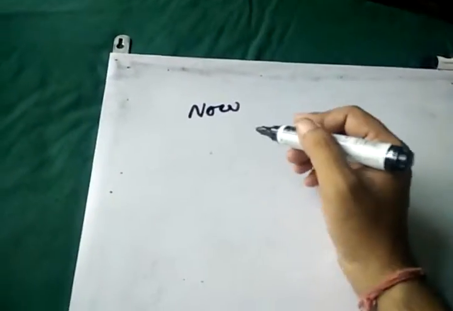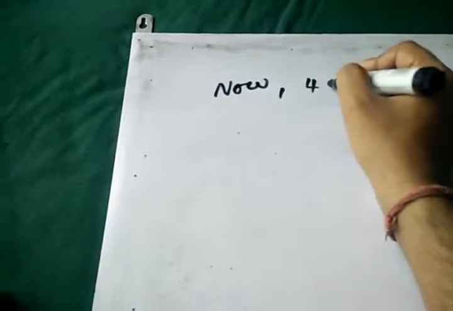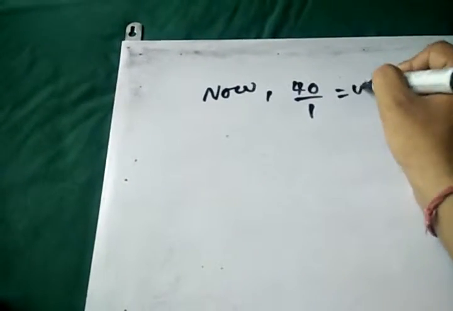Now 40 divided by 1 equals 40, and 100 divided by 1 equals 100.